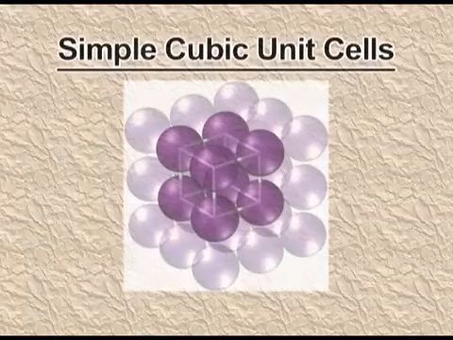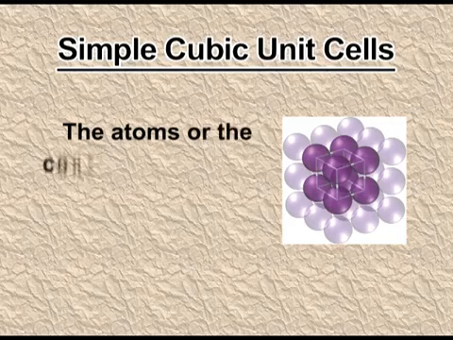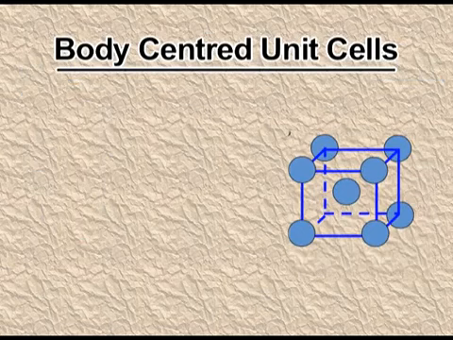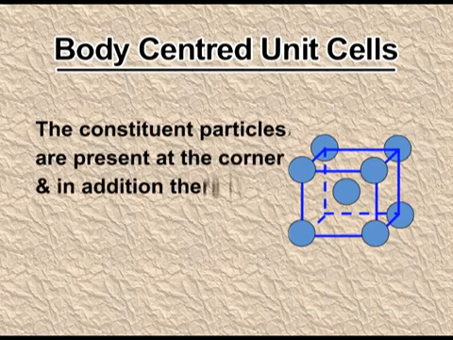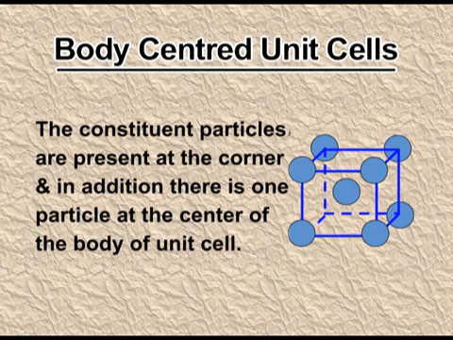Let's see the pictures. Here you can see that in the simple cubic unit cell, the constituent particles are present at the corners only. In the body-centered unit cell, you can see the constituent particles at the corners, and in addition there is one particle at the center of the body of the unit cell.